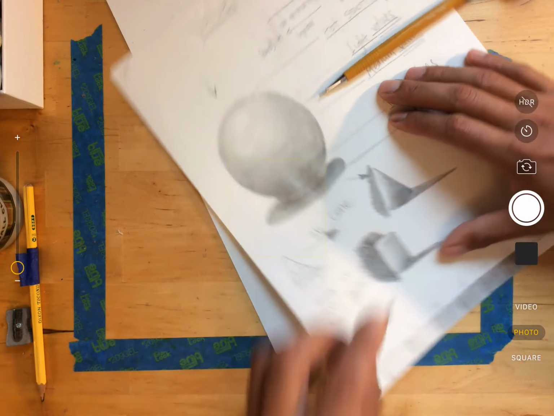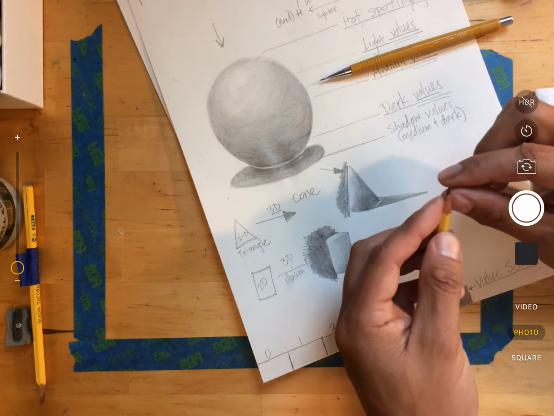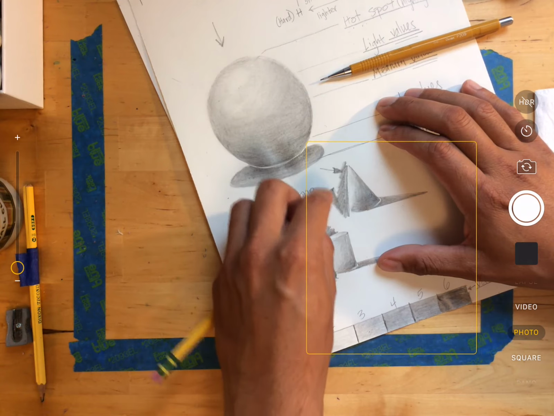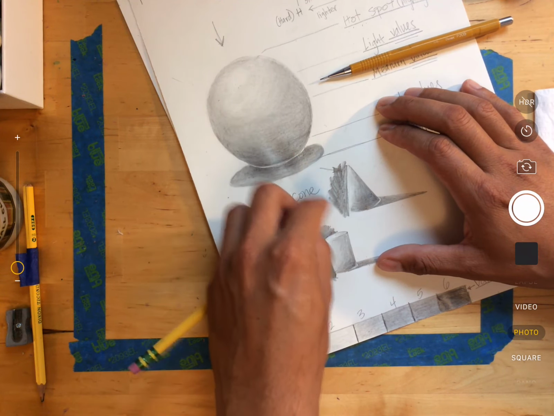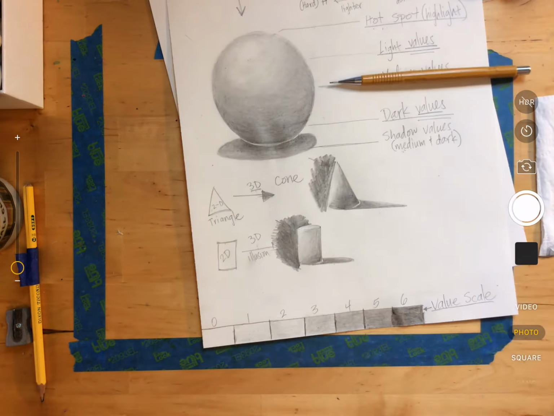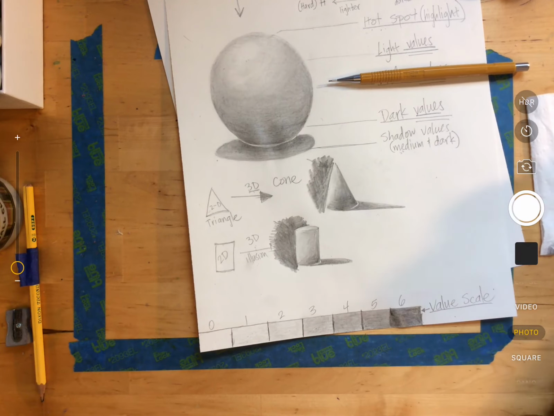I'm holding my pencil at an angle so that I'm using more of the side of the point. Not rubbing the wood on the paper. Be mindful of that. Now you see how both these left edges pop or come out. Cool.